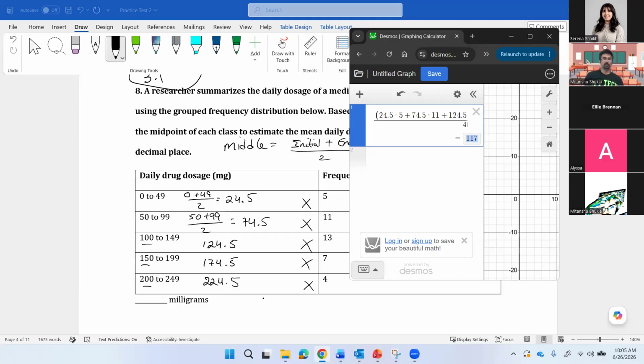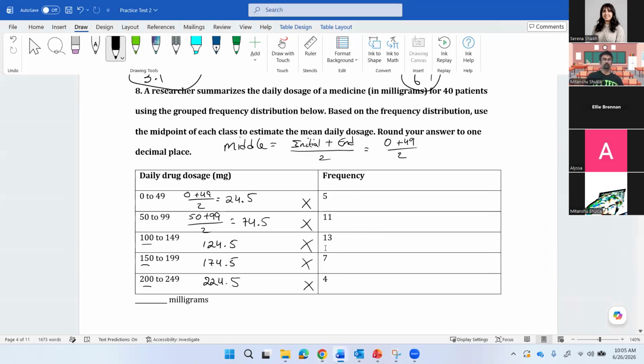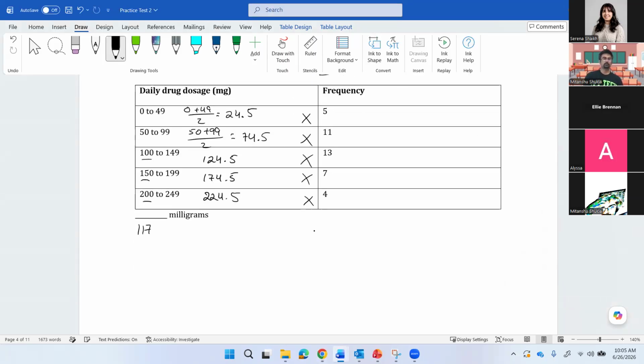So what did we do? We did 24.5 times 5. I'm going to do that a little smaller. Plus 74.5 times 11, plus 124.5 times 13, plus 174.5 times 7, plus 224.5 times 4.